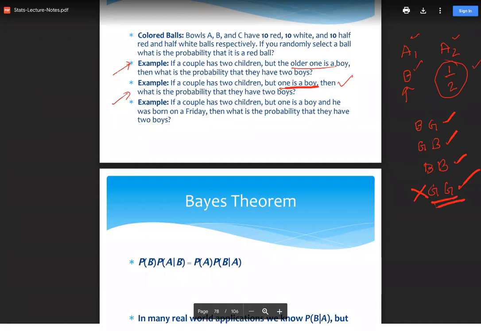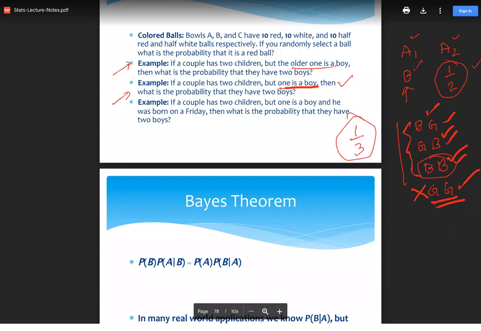So in that case, you're left with these 3. In these 3, this one has 1 boy, this one has 1 boy, and this one has 2 boys. So which one is it? You don't know. It could be any of these 3. Now, out of these 3, we don't want all of them. We want just one particular one, which is boy, boy. That's 1 out of 3.